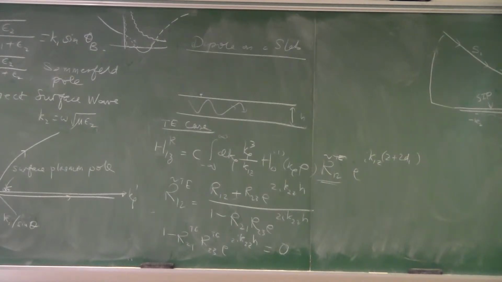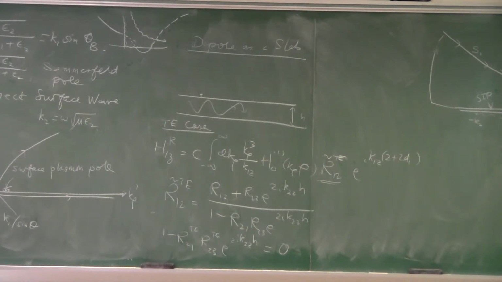Incident wave is 0, reflected wave is non-zero. And that is the condition where you can have a guided wave in the slab without any incident wave. So this is the condition for the existence of guided waves.